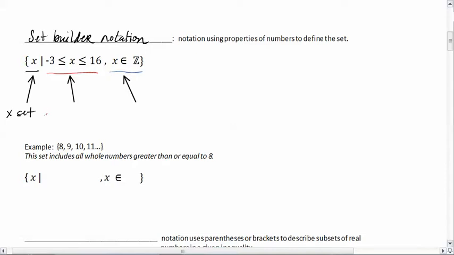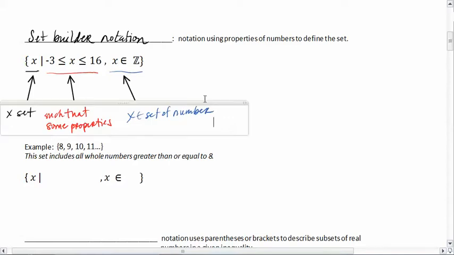So such that some properties were given. And then we can also say that x is an element of some set of numbers.